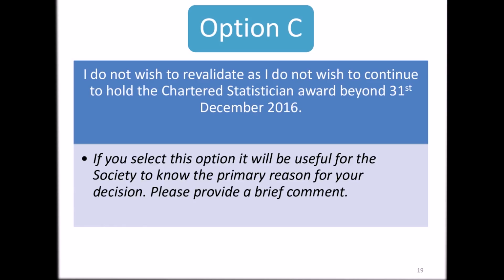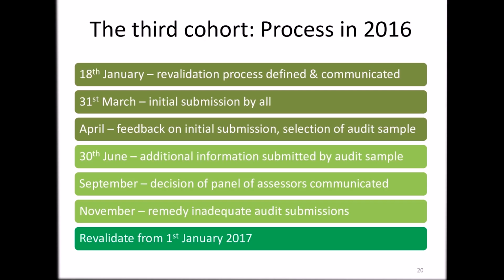So let's now return to what happens next in the revalidation process. That's after the initial submission has been made. So slide 20 is a repeat of a previous slide, and it just shows you the various steps, and we're going to focus now on this phase where we've got to April, and we're in the April through to the end of the year phase.